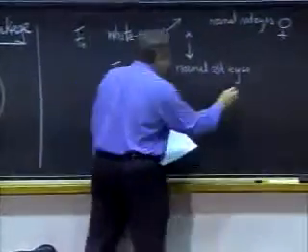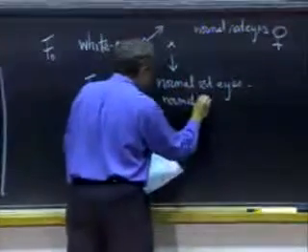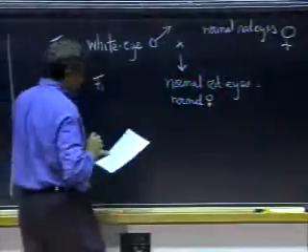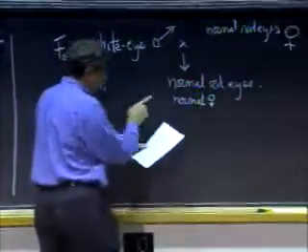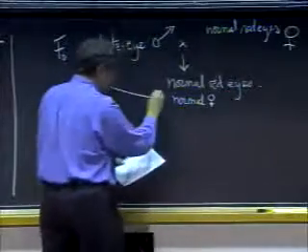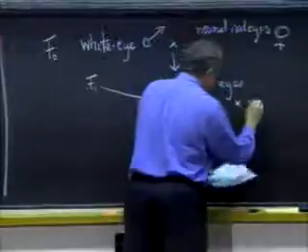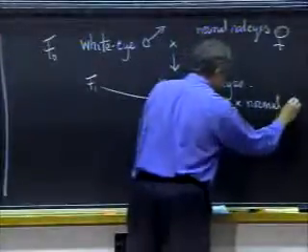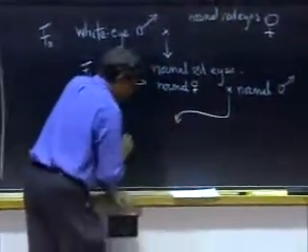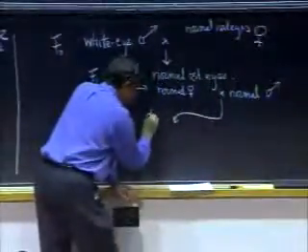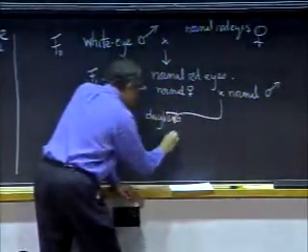When I take, however, a normal female emerging from this F1 generation, and now I cross her to a normal male, here's what happens. All of her daughters are normal.